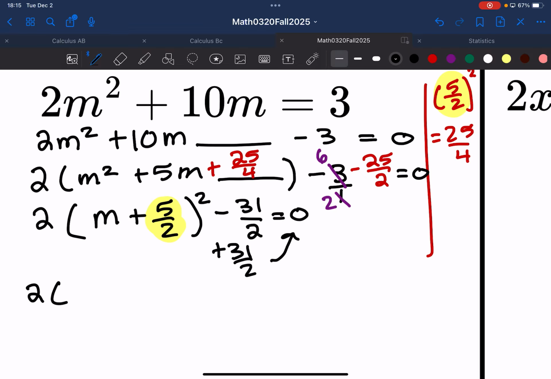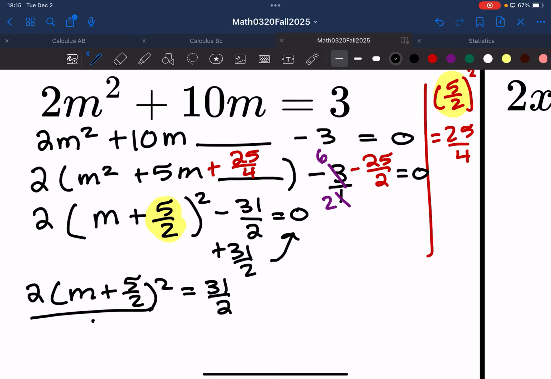I get 2 times m plus 5 over 2 squared is equal to 31 over 2. Then what? Not quite. Instead of distributing the 2, what can I do instead? Divide by the 2. I can divide to get rid of the 2 completely.